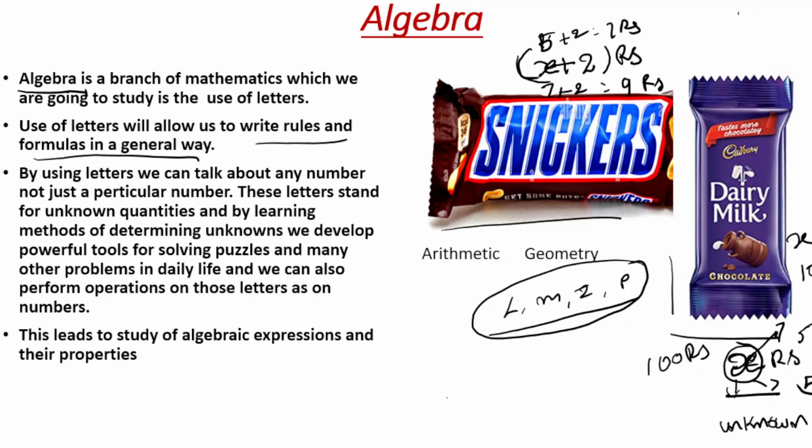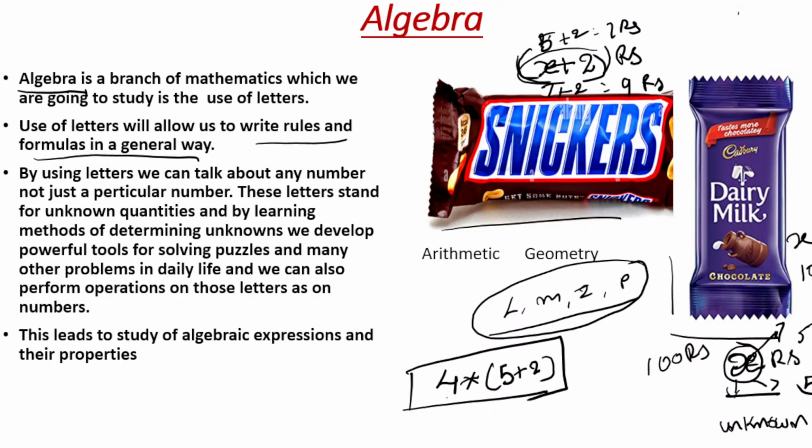And children, we can perform operations like addition, subtraction and multiplication by using letters, just like we do in the case of numbers. We can do it with the letters also.